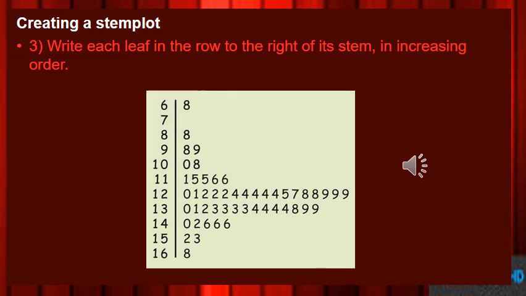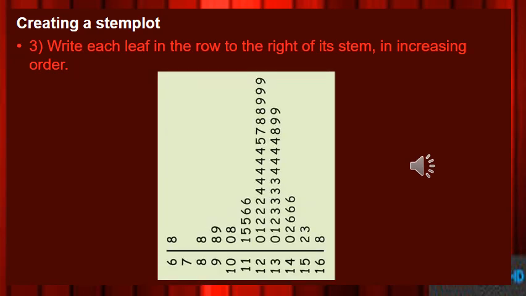So I put these unit digits in ascending order. I do not put them all mixed up. So I can have a clear view of all my individual observations. And it looks like a histogram. You will see that on the next slide.